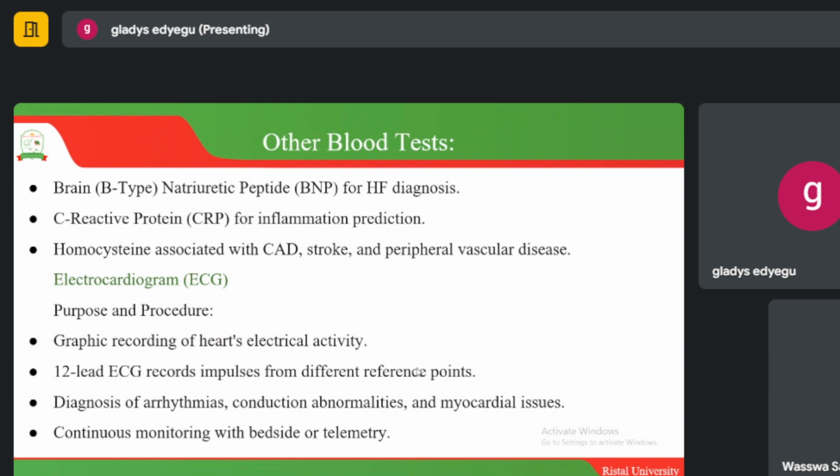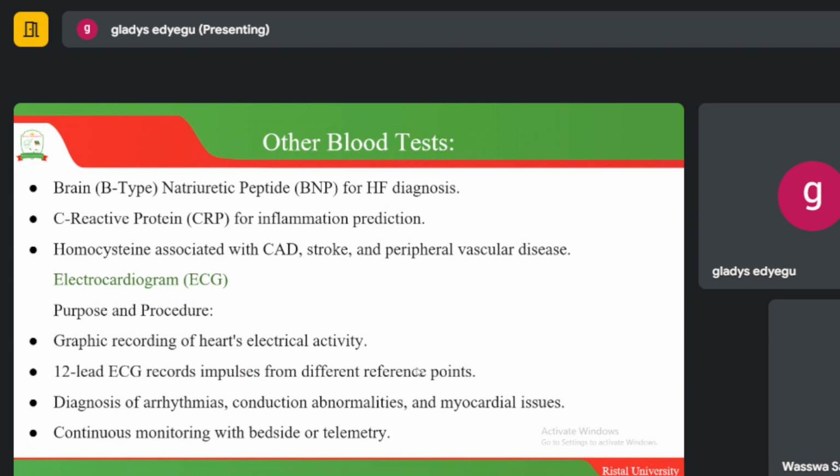So the ECG is one of the most used investigations for our patients. You have to continue monitoring these patients depending on the findings of the ECG. Some of them can be interpreted for you instantly, but sometimes there are those which can take some time depending on what you want to find out from the patient.